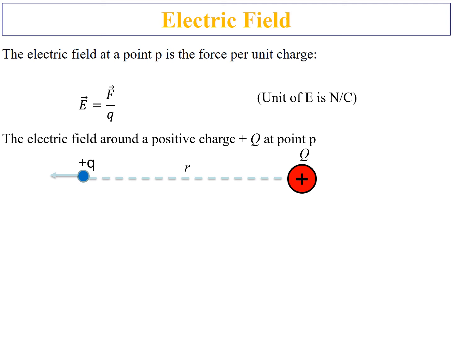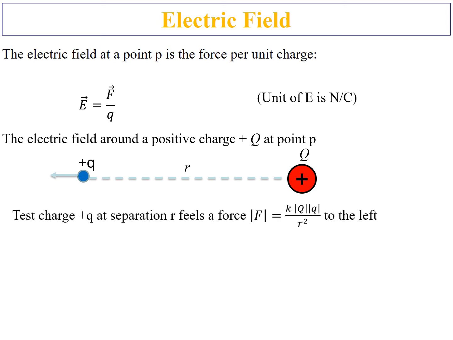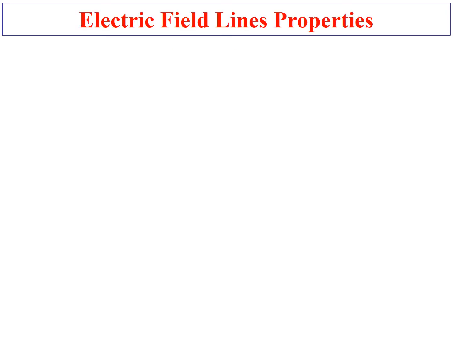If you divide this force by the charge q, you will find that the direction of the field is to the left, and the magnitude of the force is k big Q times small q over r squared, to the left. So the electric field will be k times Q over r squared.